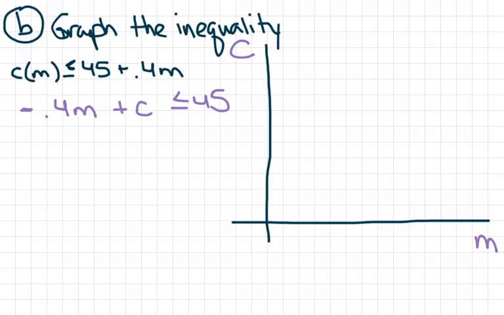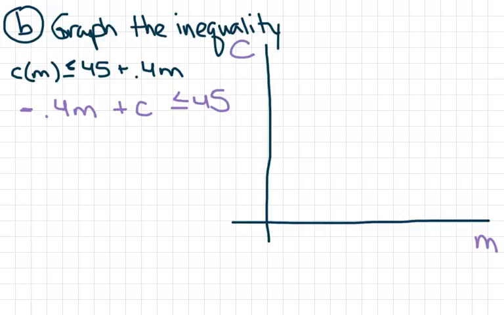The other reason that I rewrote the inequality is because when I graph real world equations or inequalities, I like to graph it using the intercept method, where you find the x-intercept and the y-intercept, or in this case the c-intercept and the m-intercept.